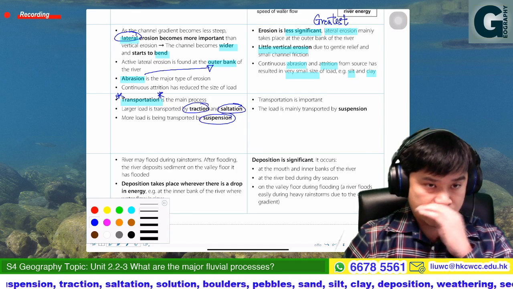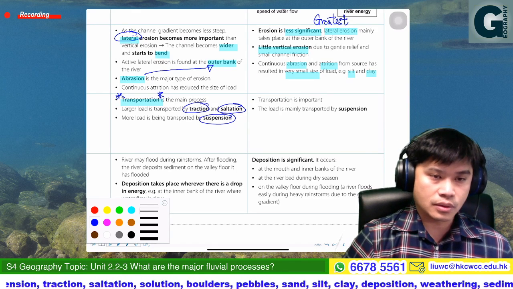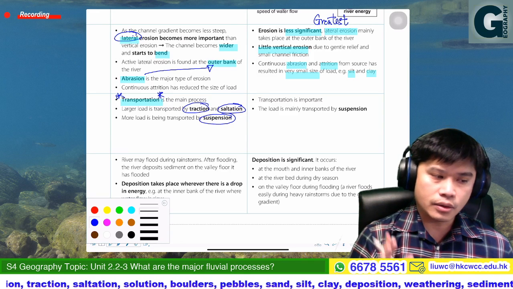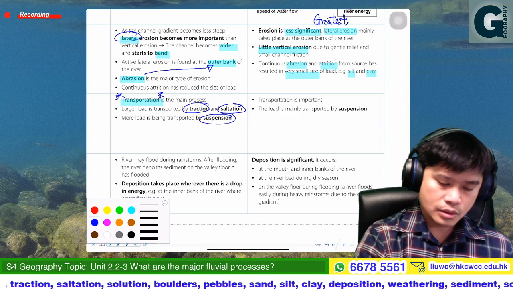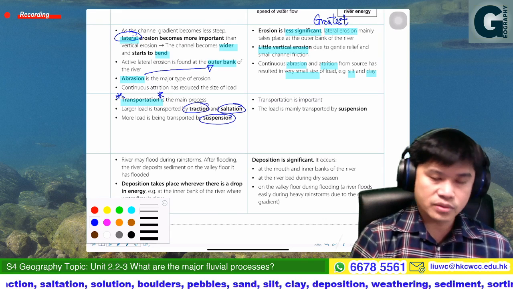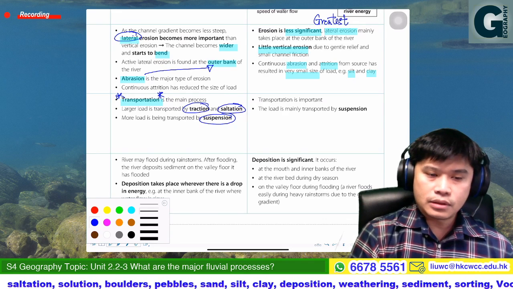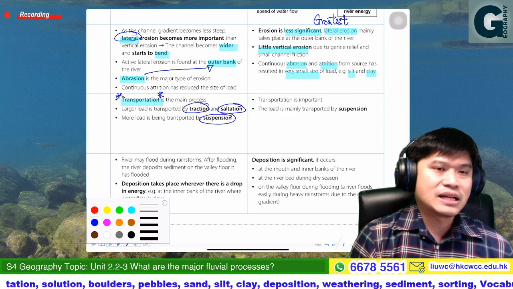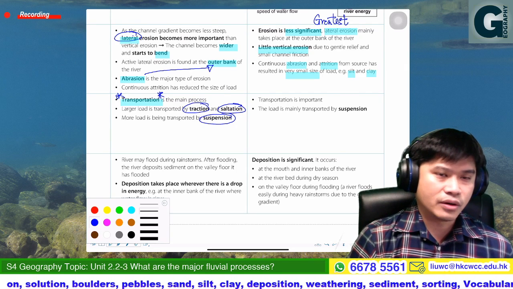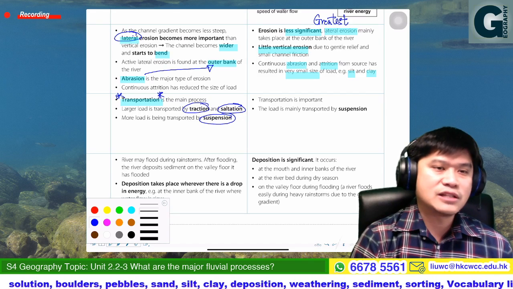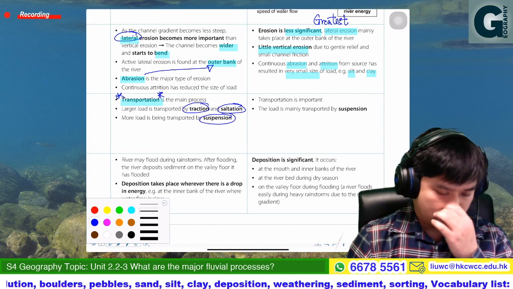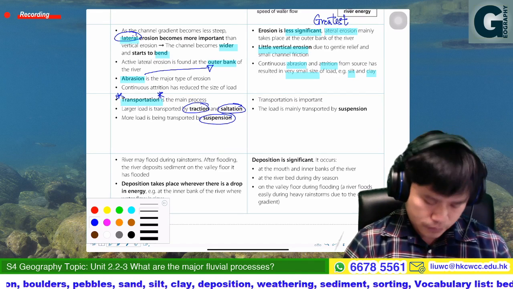So you can see that for transportation within the middle course, that is very important. Why? It is because the river energy is getting larger in middle course. So therefore, the river can transport the load from one place to another place, especially downstream.